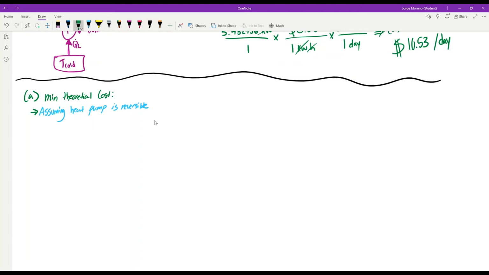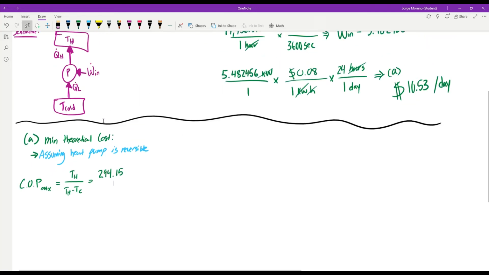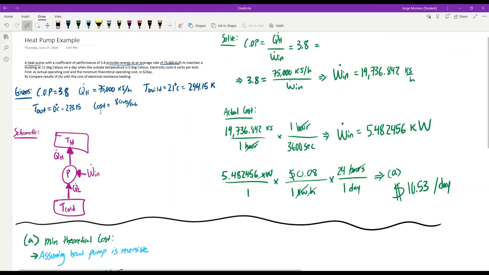Okay, so assuming the heat pump is reversible, we know that the equation for the maximum coefficient of performance is TH divided by TH minus TC. This is true for a heat pump. If I put in our values, TH is 294.15, the temperature of the hot reservoir, which in our case is our building that we want to keep warm.